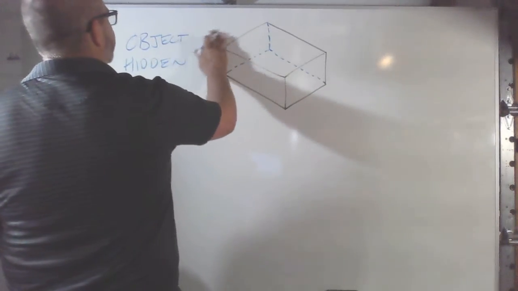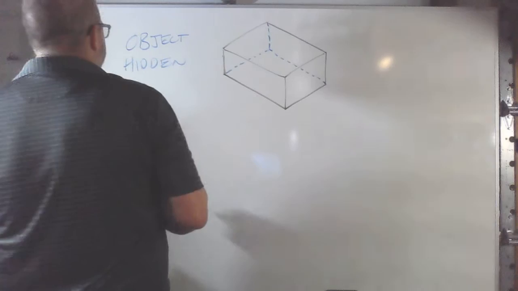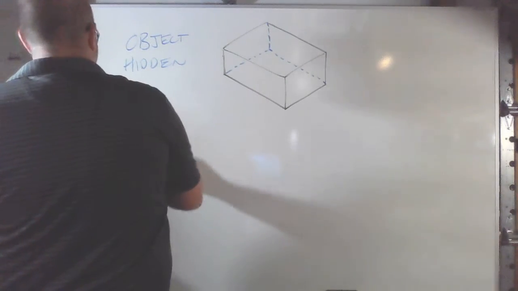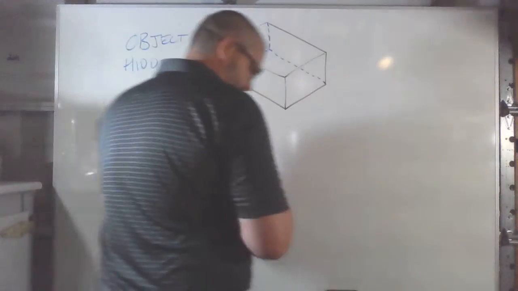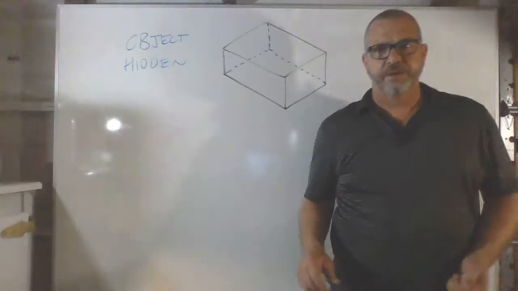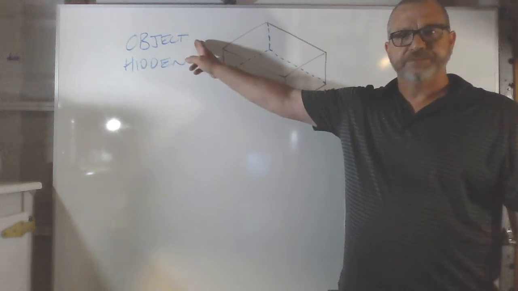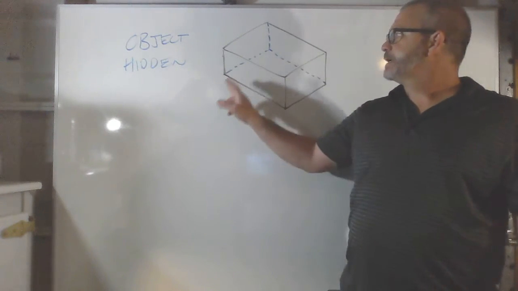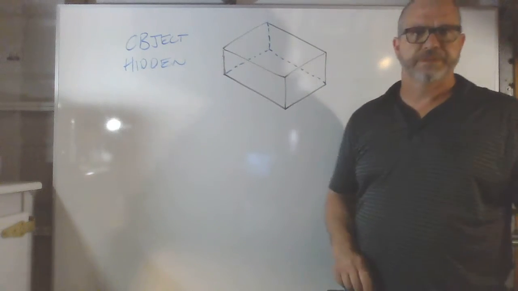Hidden line. So here you have object line, which is the solid aspect of it, and that's your object. The hidden line, which is everything behind it, right?